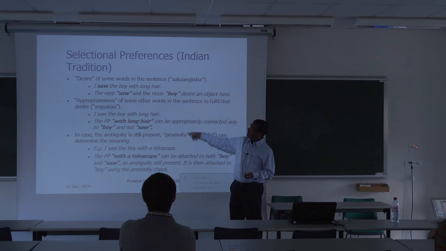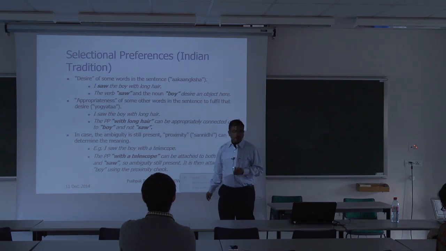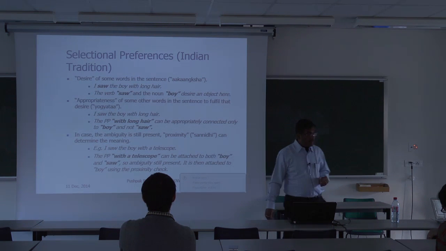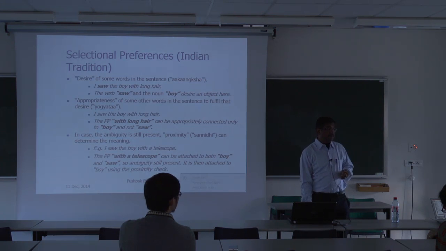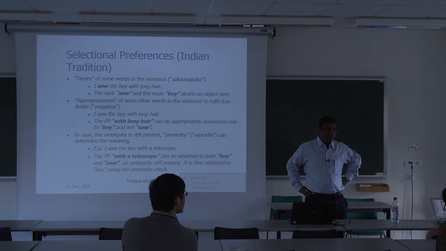So, these three principles have been guiding principles of the Indian approach to semantics. So, you should say that in AI, 41 years ago, we had the preference semantics by Yorick Wilks, and this has been used enormously in AI and NLP.